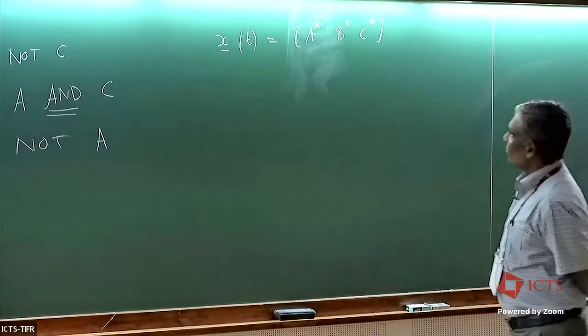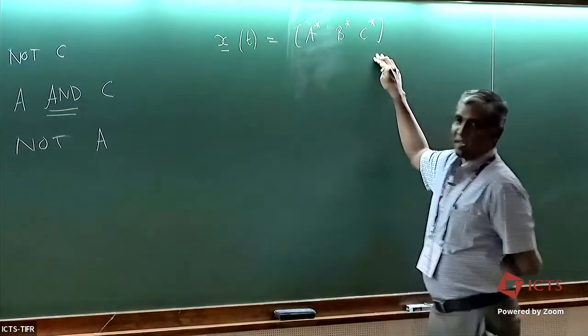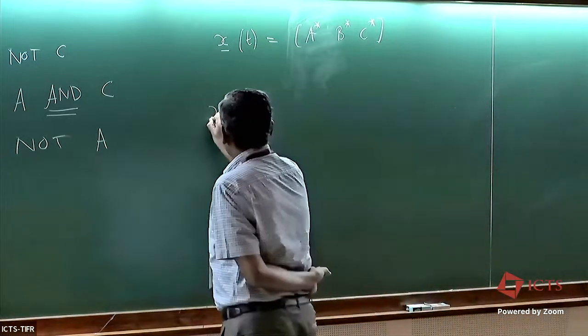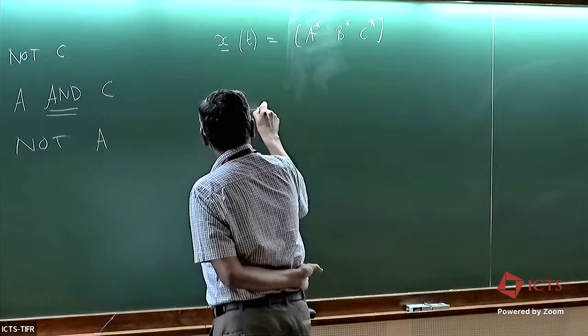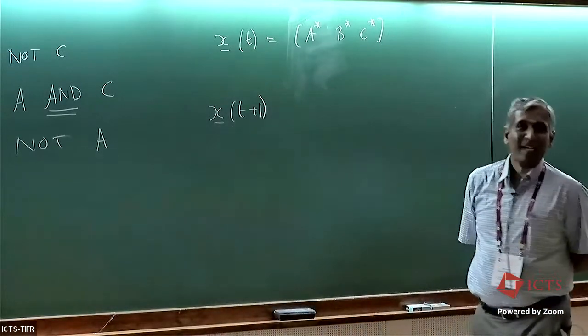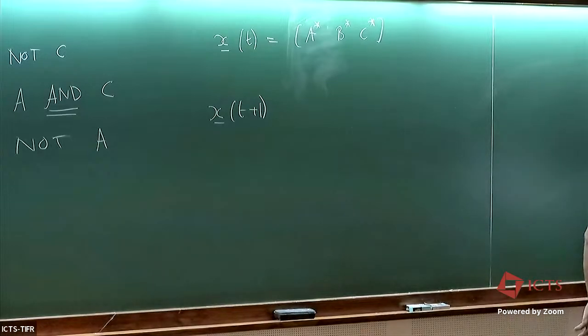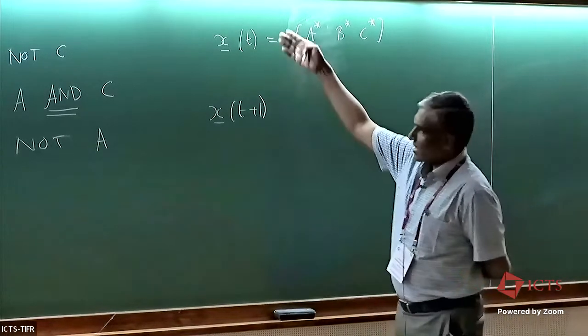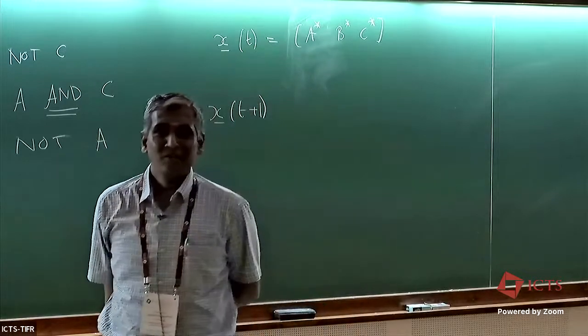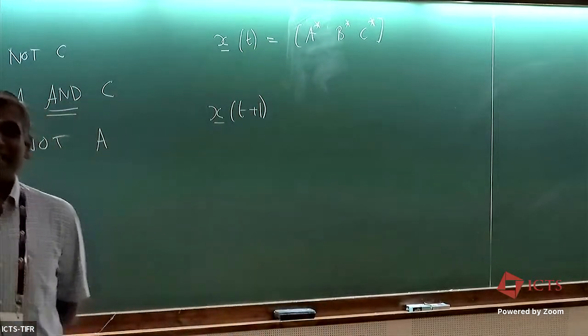So if I now define the values taken by this as a vector, I essentially want to understand how x at t plus 1 will look like. And once I understand this, I can move forward and estimate the Boolean values for the entire network till I reach a steady state.